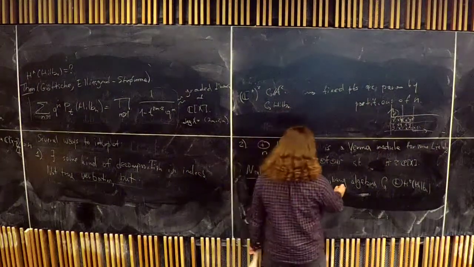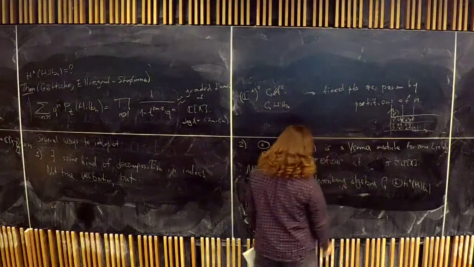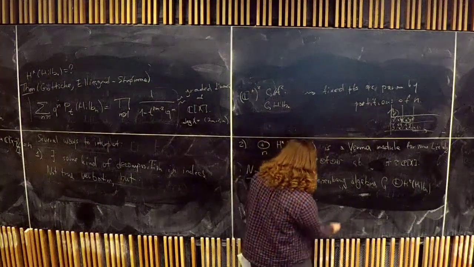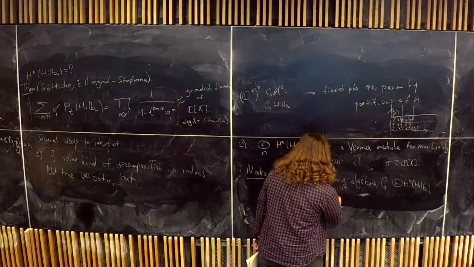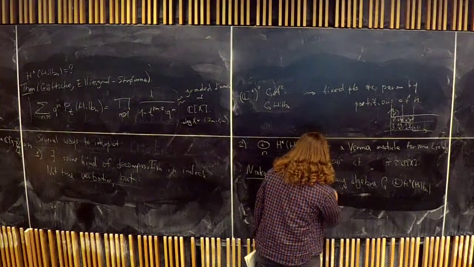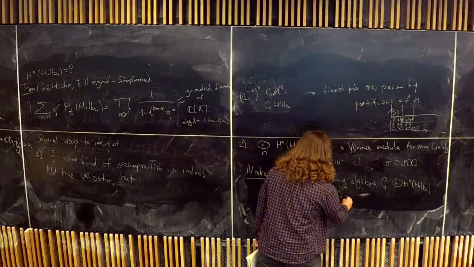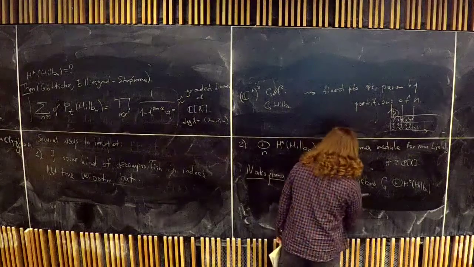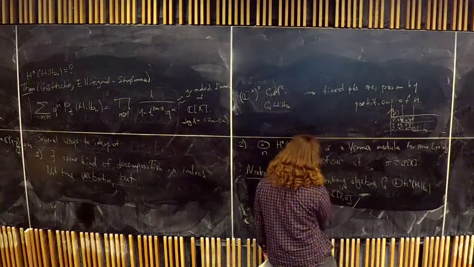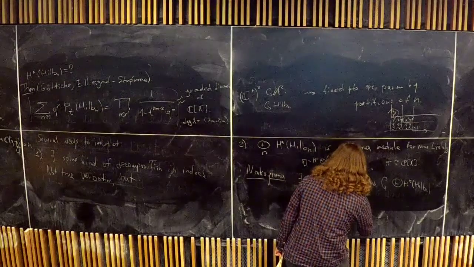So this Heisenberg algebra, just as a vector space, is going to be something like C plus, with commutation relations.